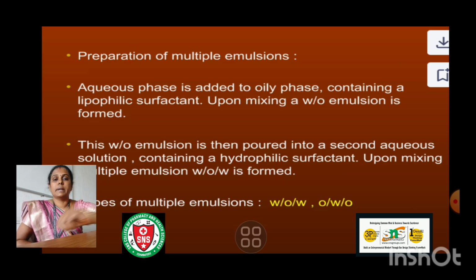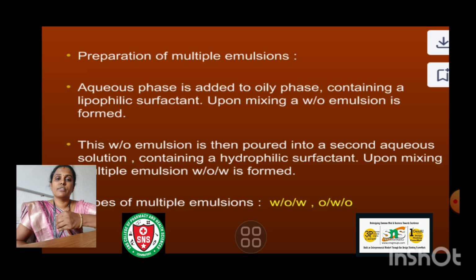Then how is the multiple emulsion prepared? For preparation of multiple emulsion, the aqueous phase is added to the oily phase. First the water phase is added to the oil phase which contains lipophilic surfactants. When we mix both, we get a water in oil type of emulsion. This water in oil emulsion is again poured into a hydrophilic surfactant.